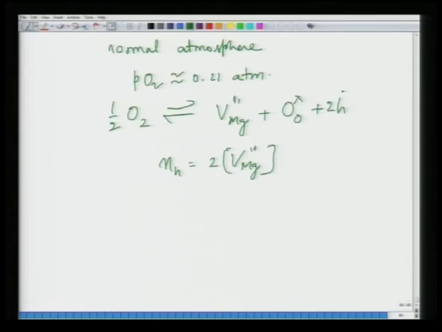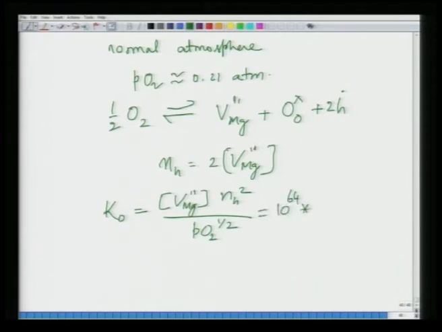Now, you know that the oxidation constant you can calculate as V_Mg into N_H square divided by PO2 to the power half from this reaction, and this is given as 10 to the power 64 multiplied by exponential minus of 6.24 eV by kT.